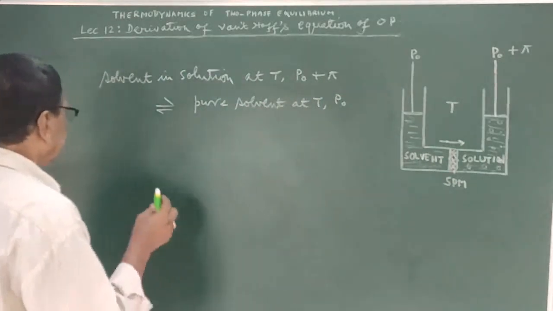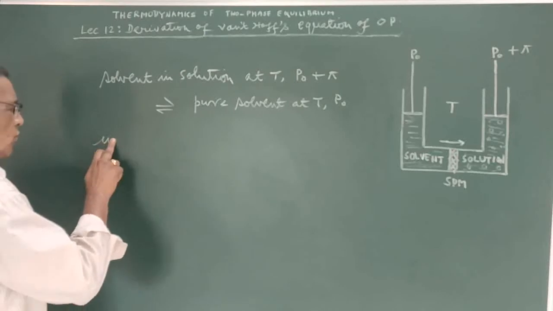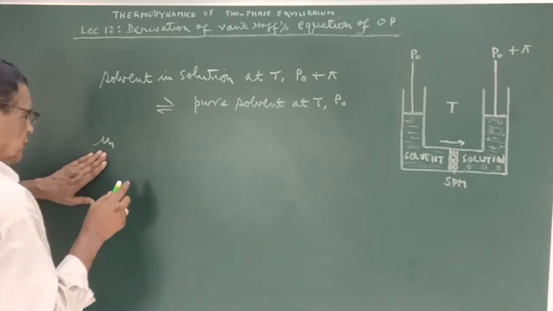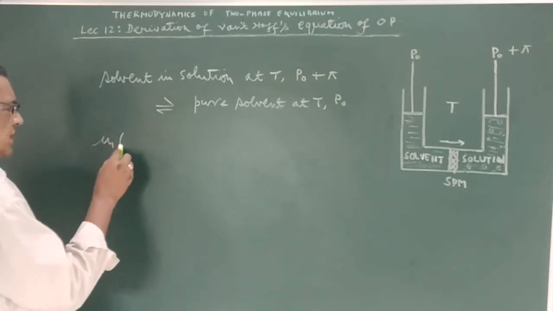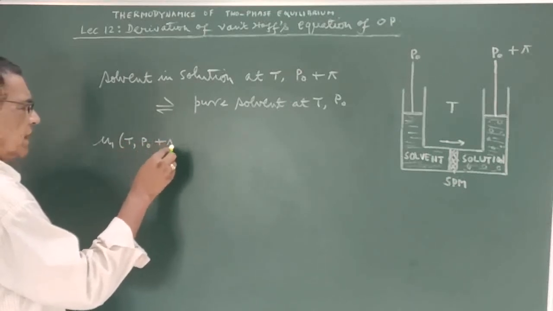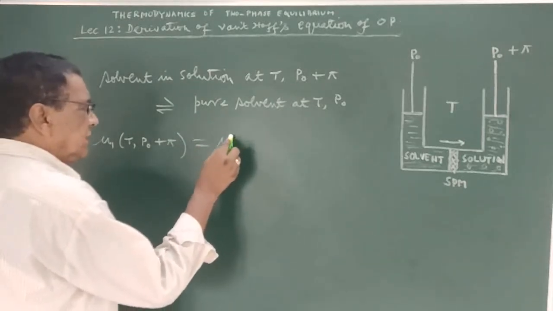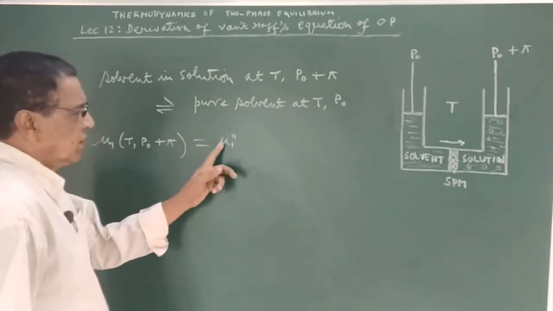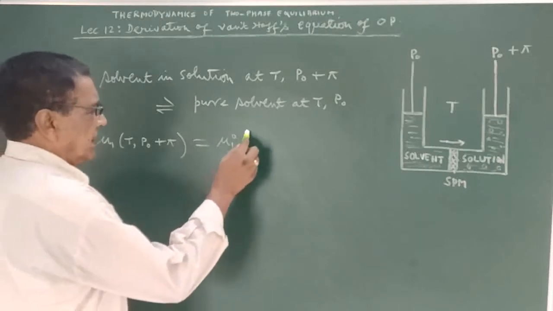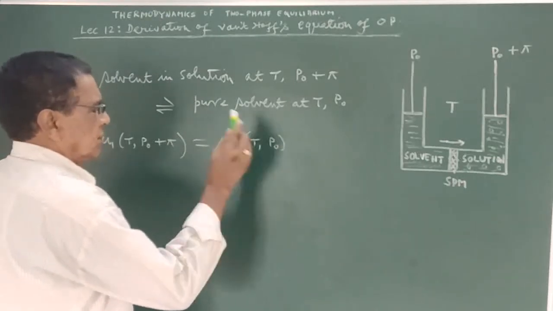So we can write here mu1, the chemical potential of the solvent in solution at temperature T and P0 plus pi, is equal to the chemical potential of the pure solvent at temperature T and pressure P0.